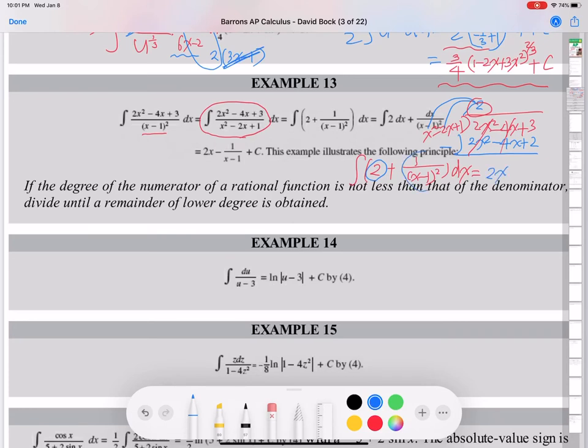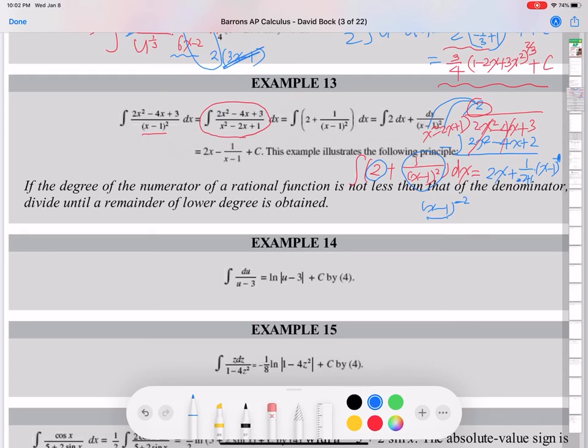And then this part is x minus 1, whole thing to the -2 power, so by the power rule, plus 1 over n plus 1 times (x minus 1) to the n plus 1, which is the -1 power. Actually, this kind of uses substitution, but dx equals du, so you can use it directly, because dx equals 1 over u prime du, but u prime here is just 1.